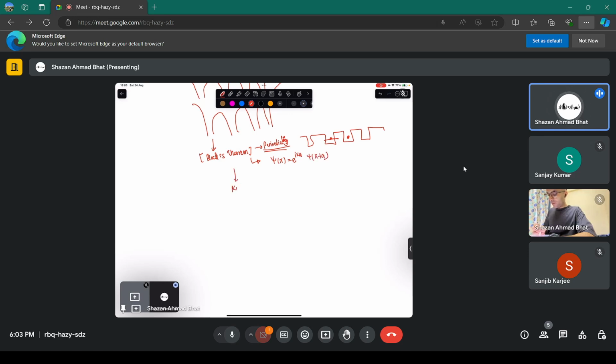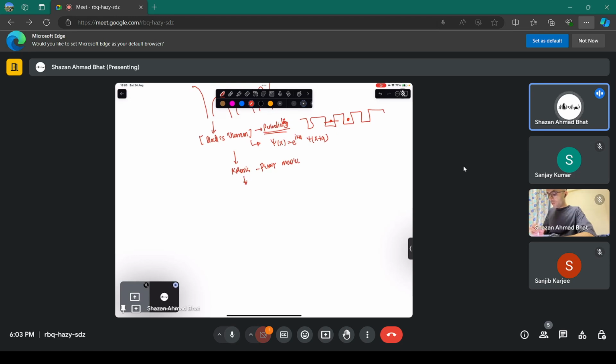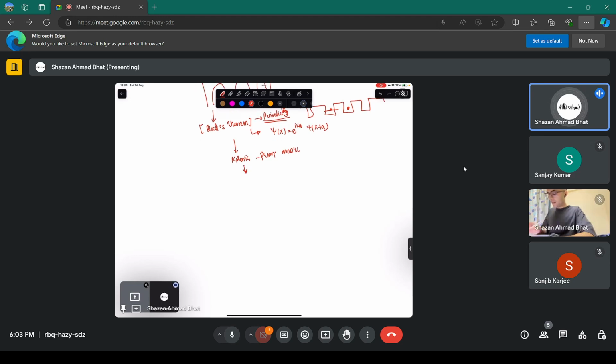And then we used the Kronig-Penney model in order to go to the band diagram, where we get an implicit equation as the solution.